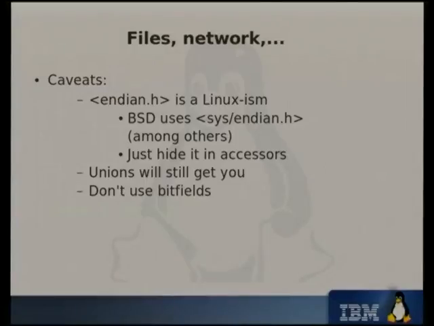Now, there are a few caveats with my specific example. endian.h, I believe, is a Linuxism or glibcism. I have not found a really portable way of doing the endian swapping that is satisfactory. But it's not a big deal, because the minute you put everything in accessors, you're going to have what? Half a dozen of them. They all go in one file.